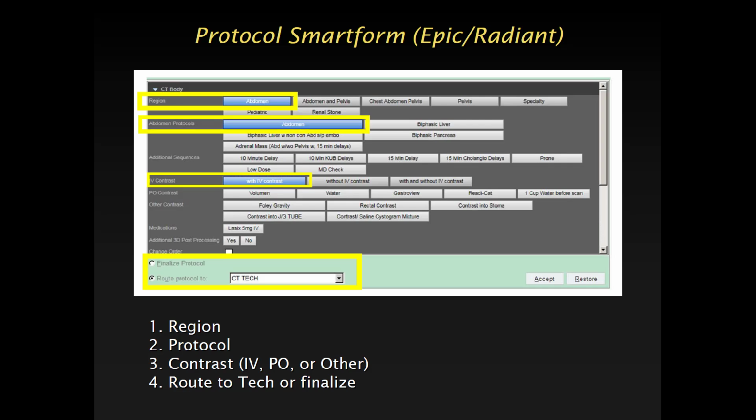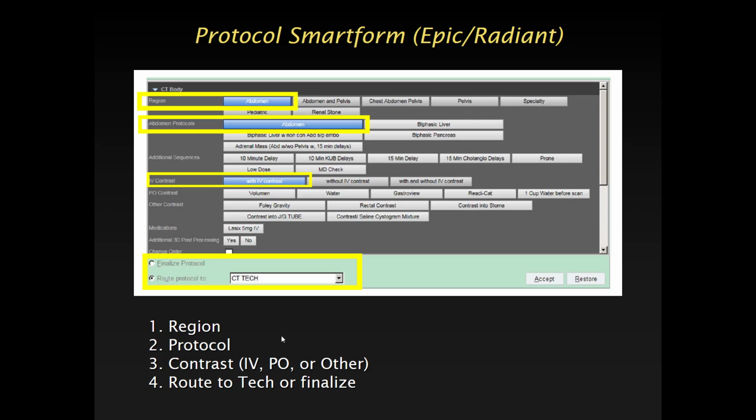Now, the challenge often is to pick the right protocol for the right clinical indication, but the mechanism of how to do it, let's say you know already what kind of study you're going to protocol. Let's say somebody orders a CT abdomen and pelvis, then you'll go to your Smartform in Epic, and then you can, based on the region, the protocol, and the contrast and the route, essentially customize your protocol.